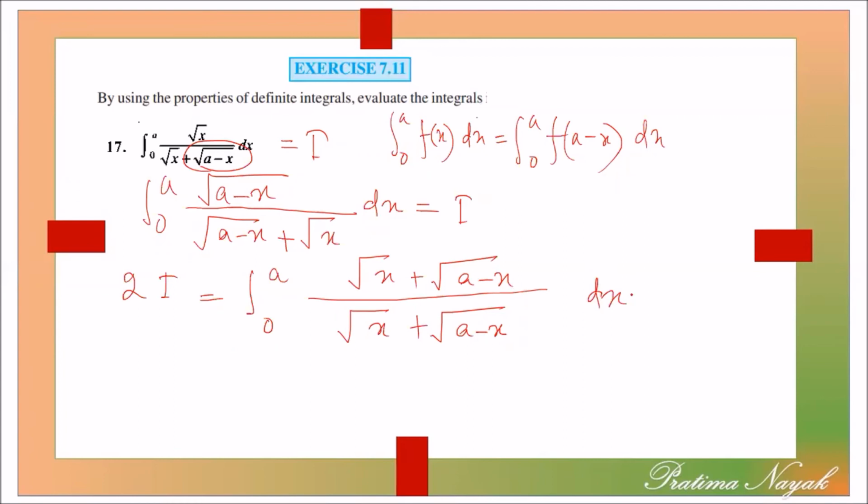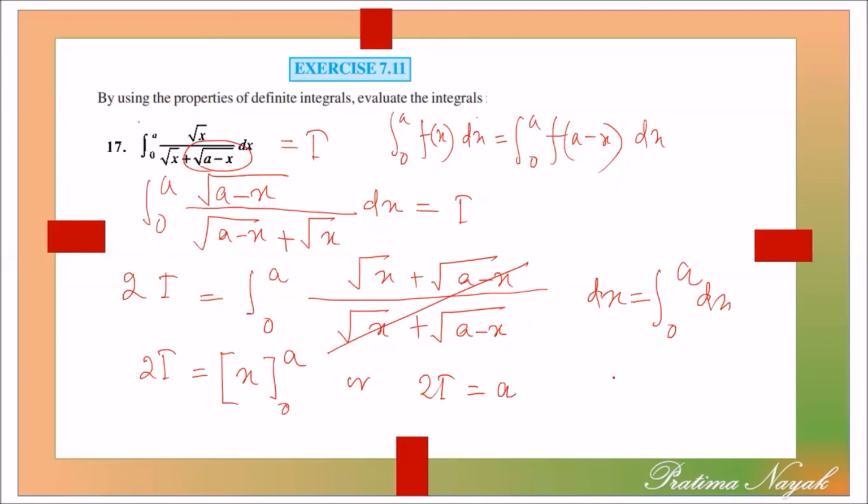So this will be integral 0 to a of dx only. This will be cancelled. So twice I is equal to x from 0 to a, or twice I is equal to a. What will be I? I is equal to a by 2. So the answer of this question is a by 2.